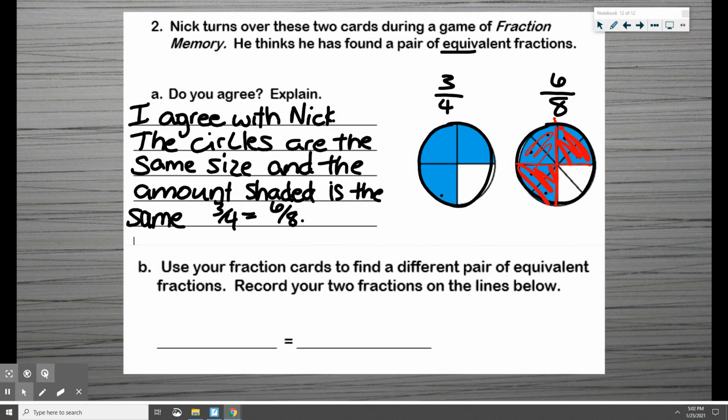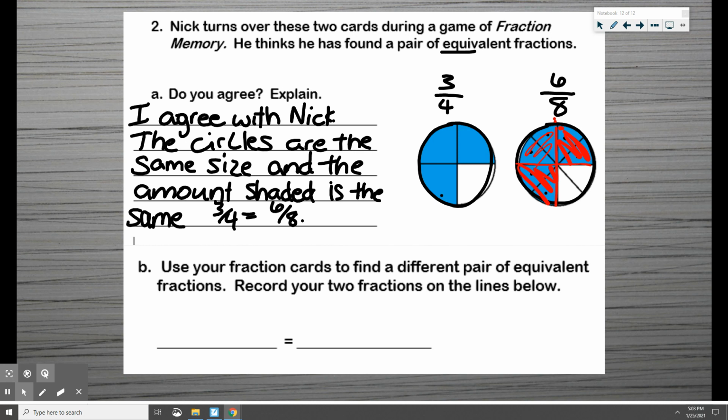All right, so here's what I said. I agree with Nick. The circles are the same size and the amount shaded is the same. 3/4 equals 6/8, or 3/4 is equivalent to 6/8.